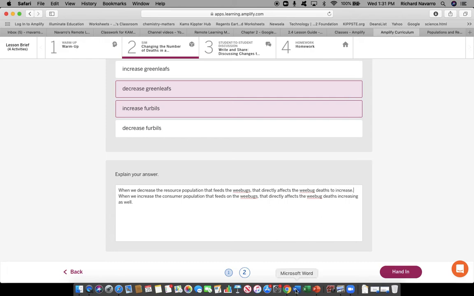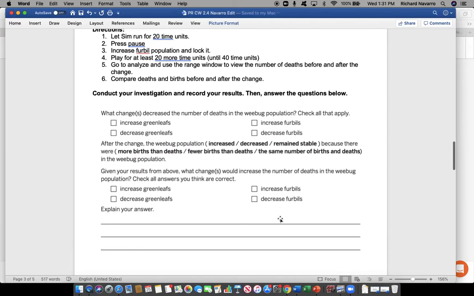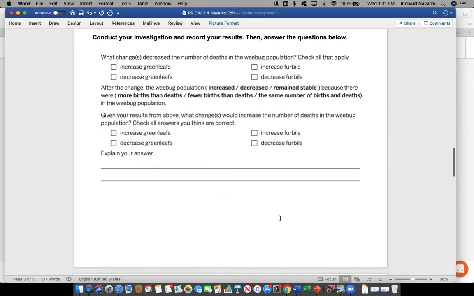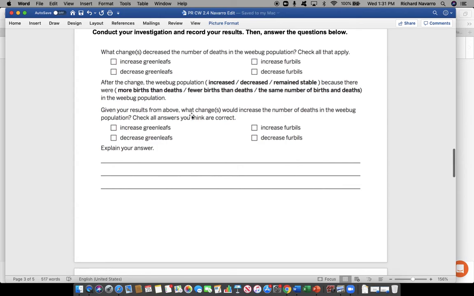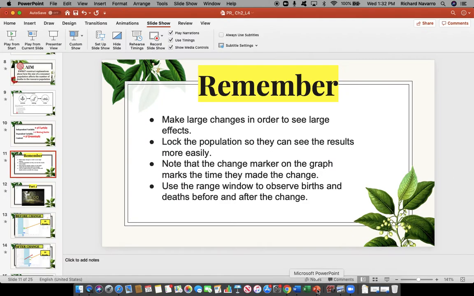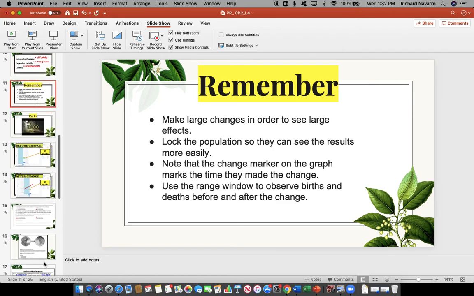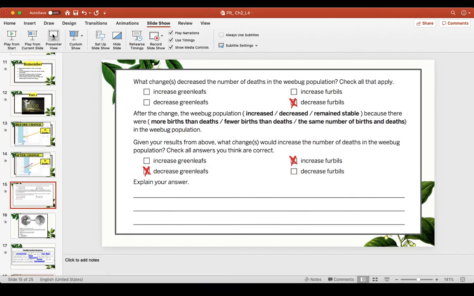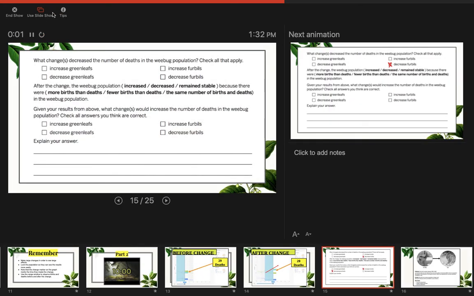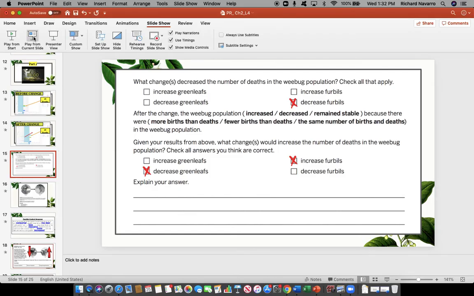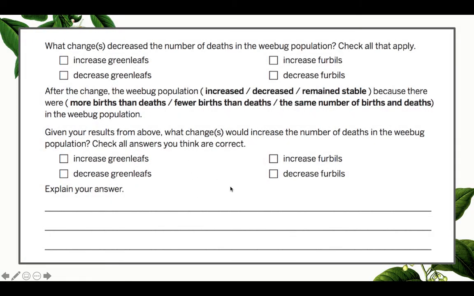So let's go back to our notes. And at this time, you can definitely fill in the following information. So, what changes decrease the number of deaths in the wee bug population?